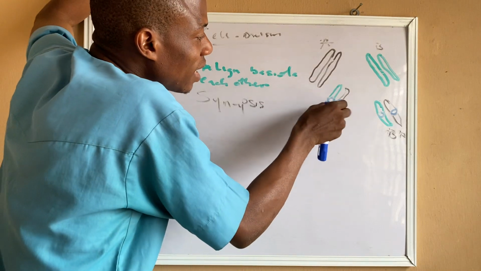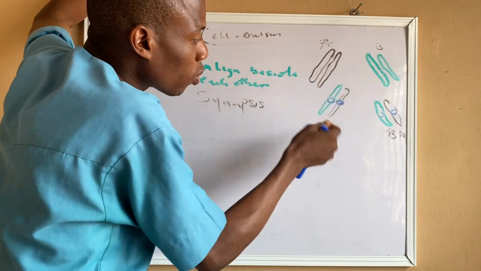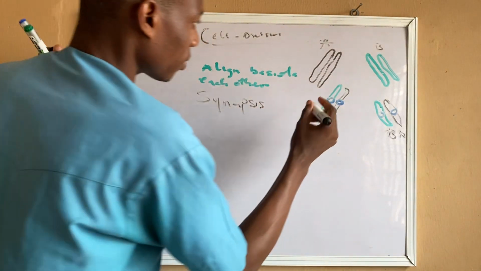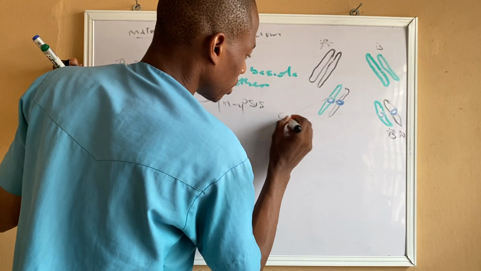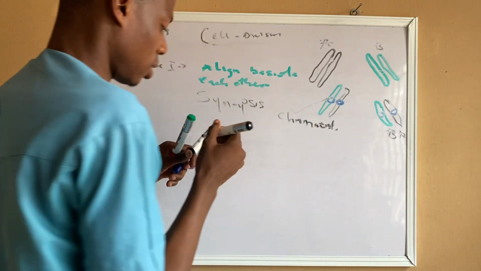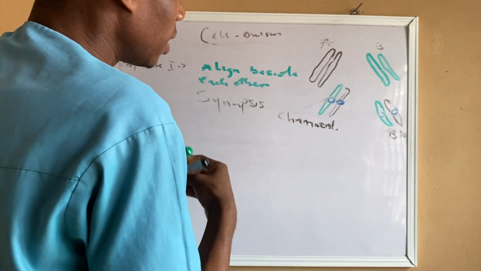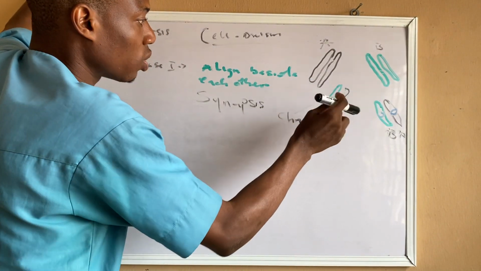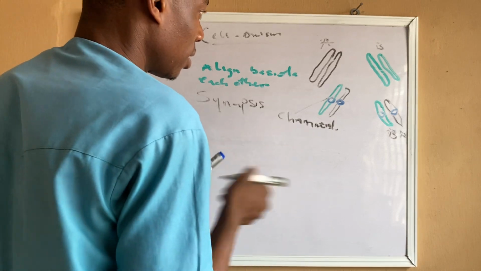So there is a point here which is called the chromatid. So at this point there is what? A crossing. There is a crossing.